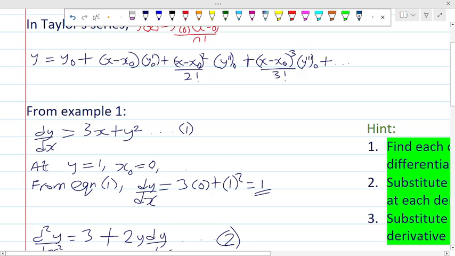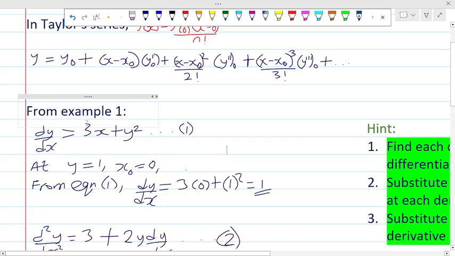So this is the first derivative, right? And this is y, and this is x0. So when we are not taking any derivative, y here will be what? 1. At the first derivative, dy/dx, which is y prime, dy/dx and y prime are the same thing. d squared y/dx squared and y prime prime are the same thing.